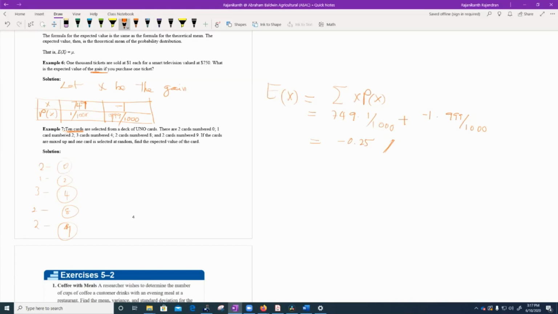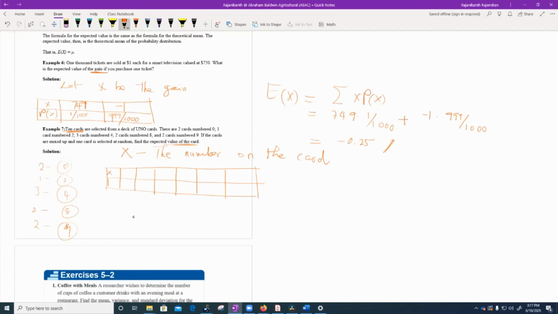Okay, so then the question is to find the expected value of the card. So X is the number you pick on the card. If you make a probability distribution now, you will have 5 different values.